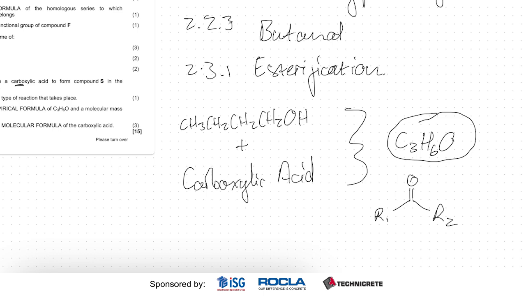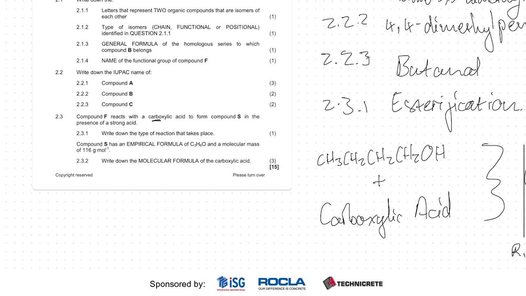Okay. So we need to figure out the full formula. So its molecular mass is 116 grams per mole. What is the molecular mass of the empirical formula? So we have 3 carbons, 6 hydrogens, and 1 oxygen.